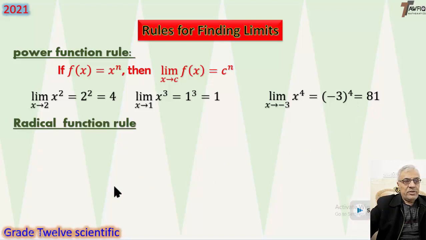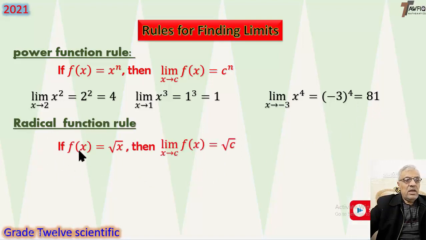Radical function rule. If f(x) is equal to square root of x, then the limit of f(x) when x approaches c is square root of c. Here too, we replace c in place of x. Like the limit of square root of x when x approaches 4 is square root of 4, which is 2.